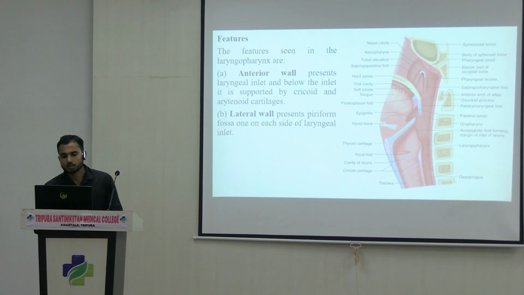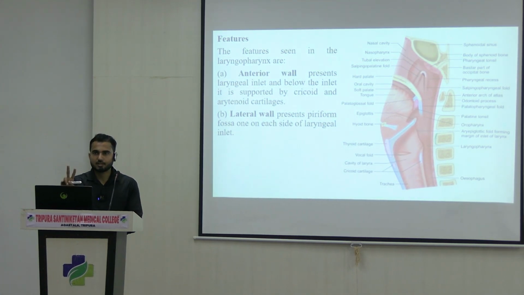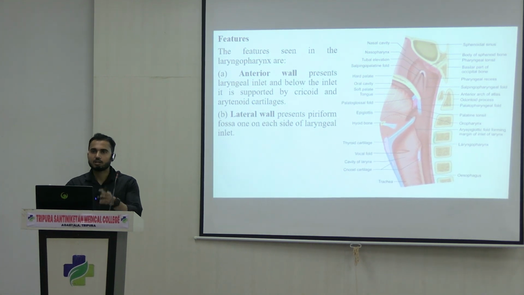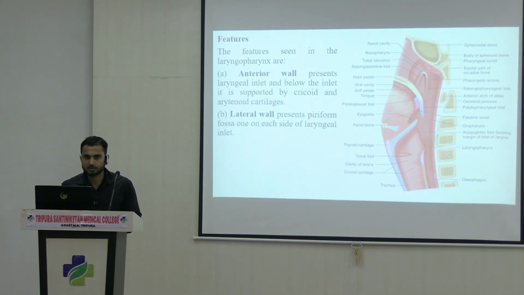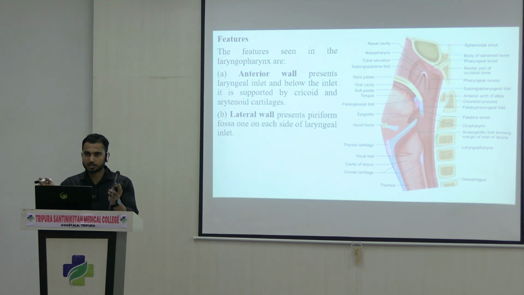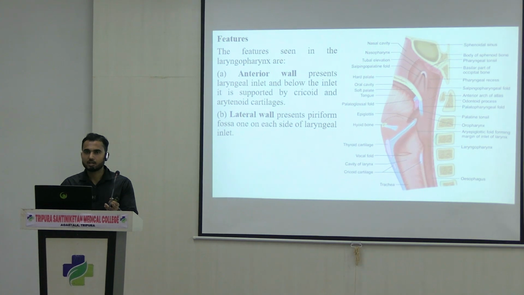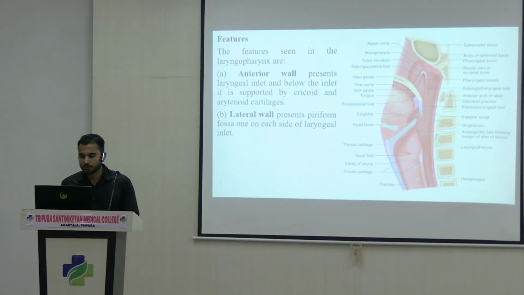So in the laryngopharynx or hypopharynx only two important features are there, one on the anterior wall and one on the lateral walls. What is in the anterior wall? The laryngeal inlet, which leads inside the laryngeal cavity. And on both sides of the laryngeal inlet we get a sinus, also called the pyriform fossa.